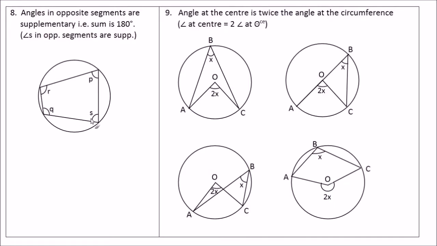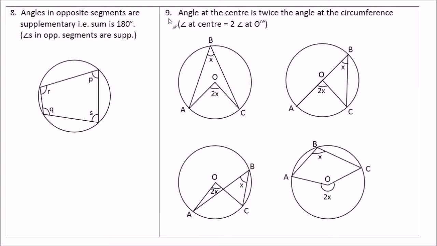Similarly, R and S added together also will give you 180 degrees. Note that the vertices of the quadrilateral, that means the 4 points here, must lie on the circle.